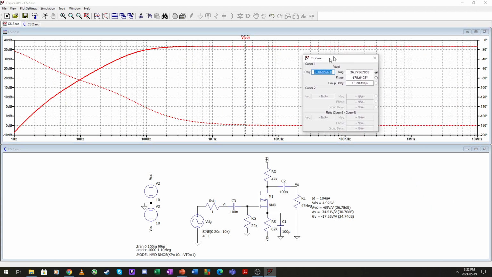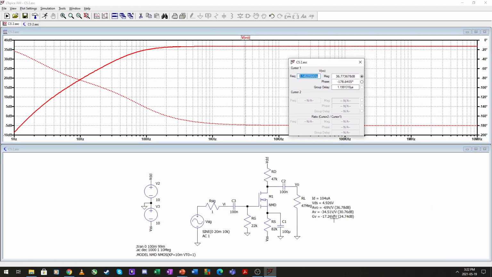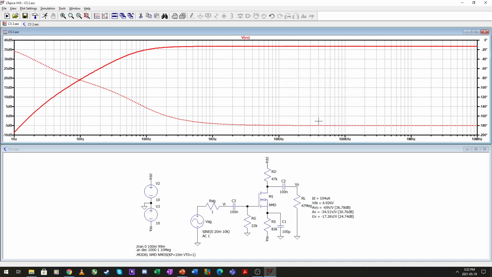So 36.77 dBs, 36.78. Right. So our simulation and our analysis by hand line up nicely. Okay, let me open the third and final common source simulation.